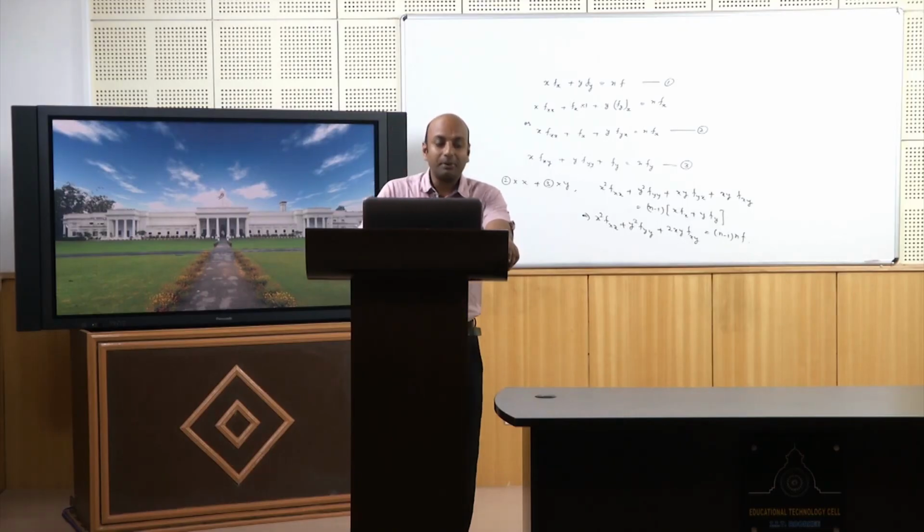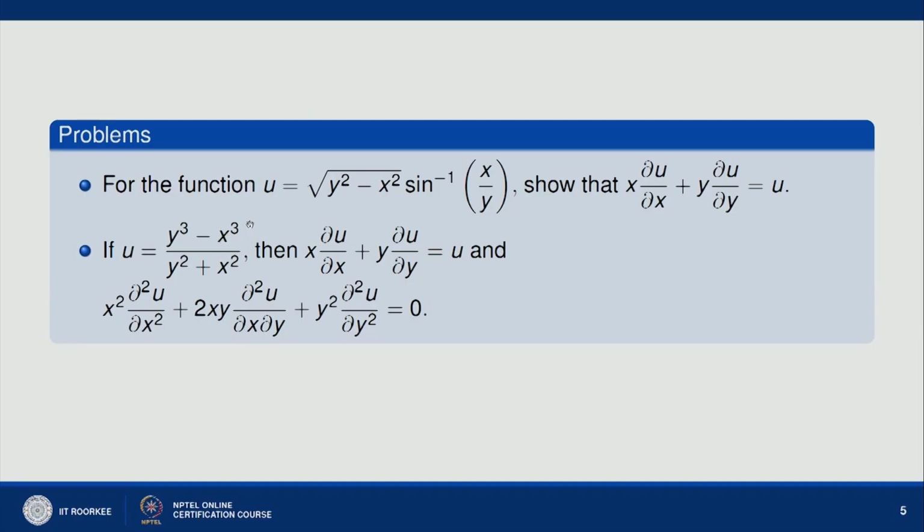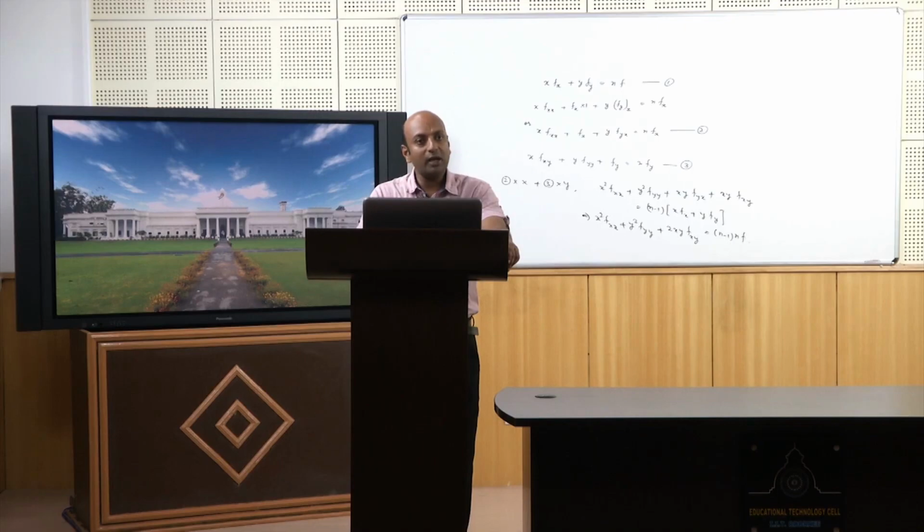Now, come to the second problem. The second problem is also homogeneous. You see, u equal to y cube minus x cube whole divided by y square plus x square. The degree of this function is 1. So, x ux plus y uy will be equal to nu, and n is 1. So, it is u.